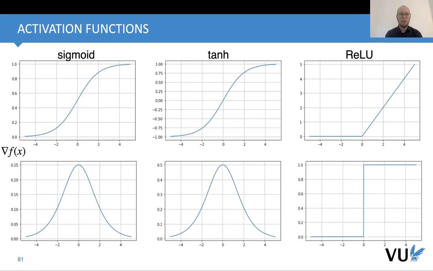Also, to see how these activation functions work. So again, we have sigmoid, tanh, and ReLU, and below there are gradients of them. And as you can see, the difference between sigmoid and tanh lies only in the scale being a little bit different, but the shapes are the same. But for ReLU, we have a step function that is very, very interesting, right?